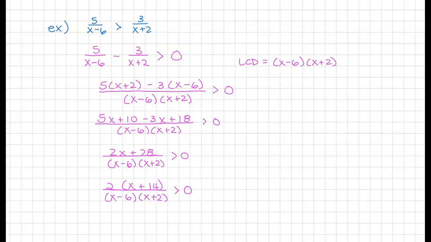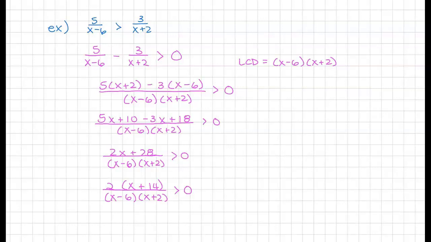So now I've gone ahead and I made one side equal to 0, and I've combined the left side to a single fraction. From here, though, even though I've got a fraction, it's pretty similar to what I had before in the previous problems. I just have division in there, but remember, multiplication and division have the same rules.